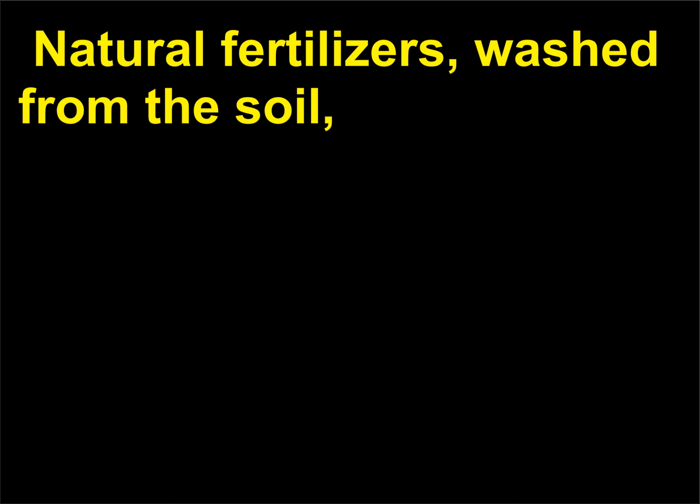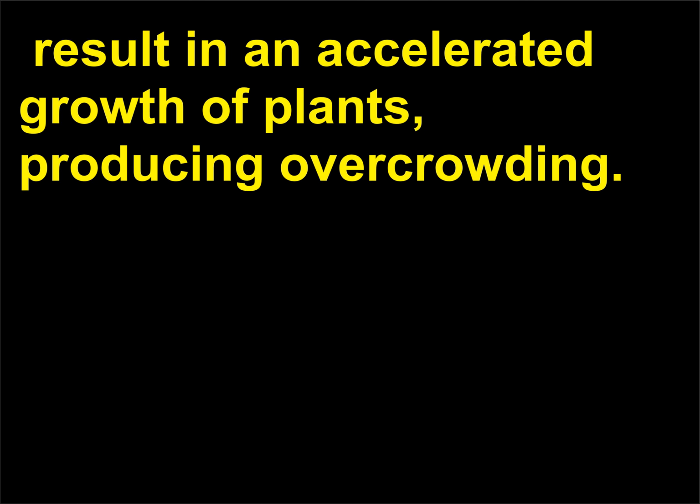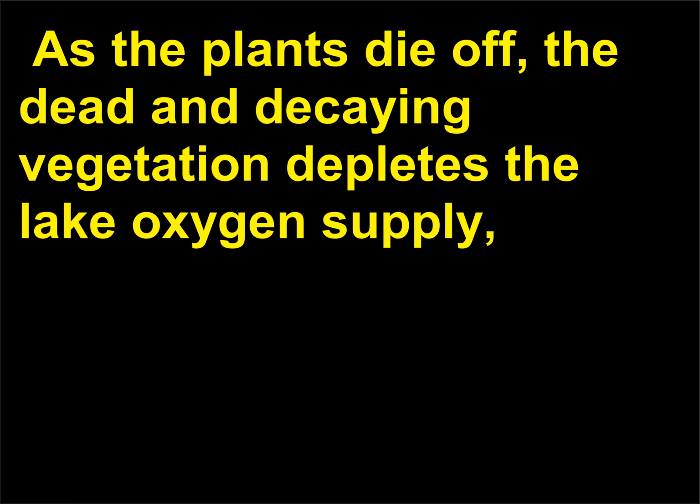Natural fertilizers, washed from the soil, result in an accelerated growth of plants, producing overcrowding. As the plants die off, the dead and decaying vegetation depletes the lake oxygen supply, causing fish to die.